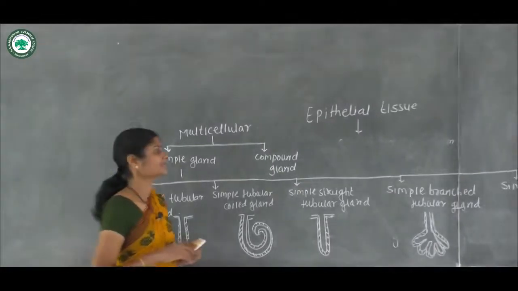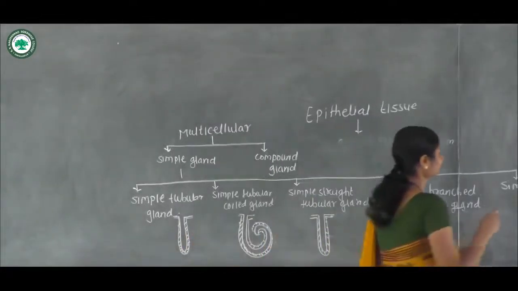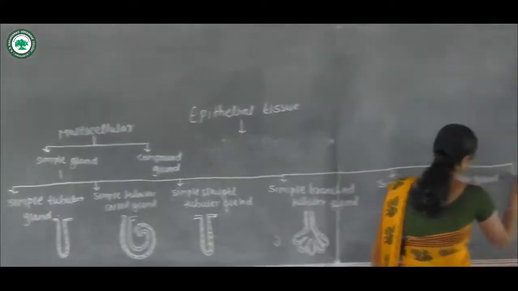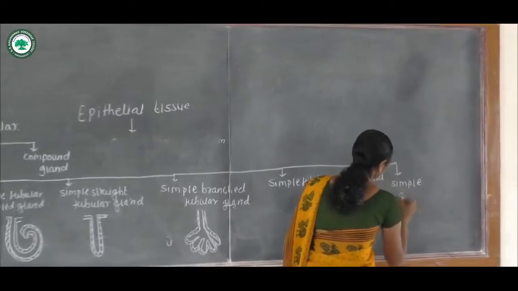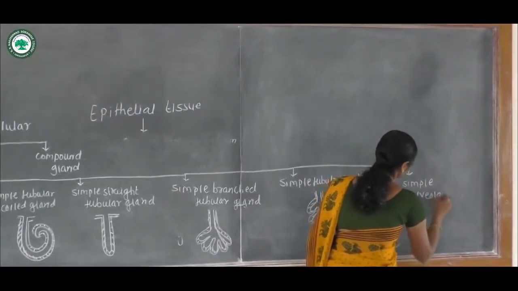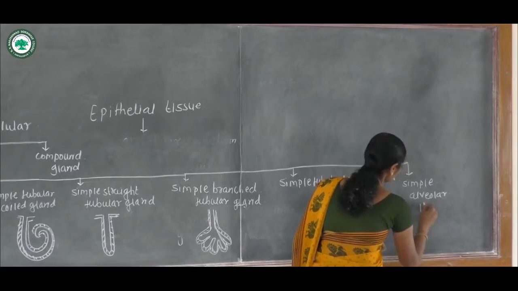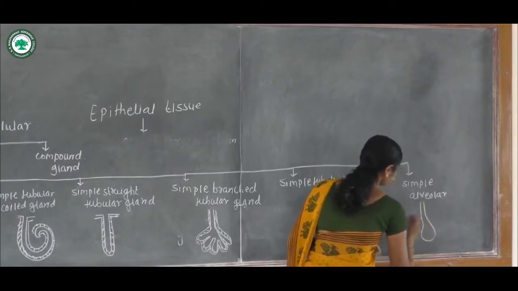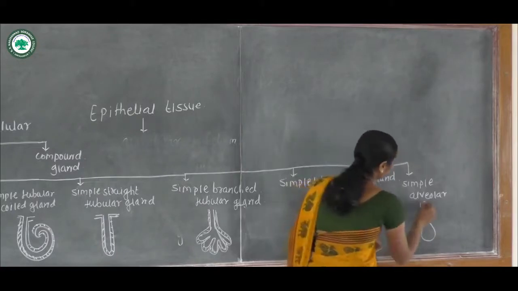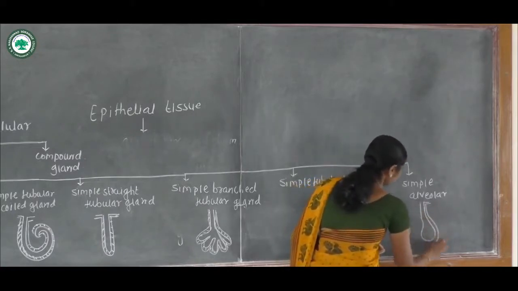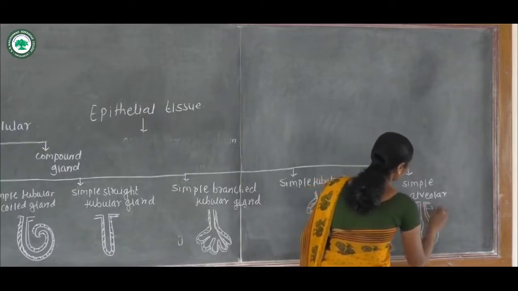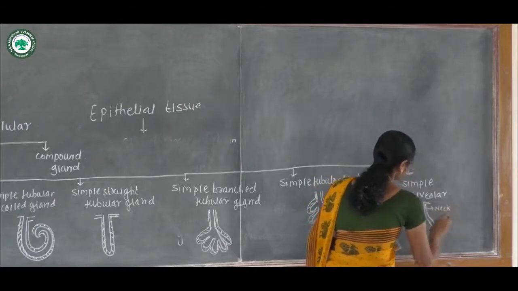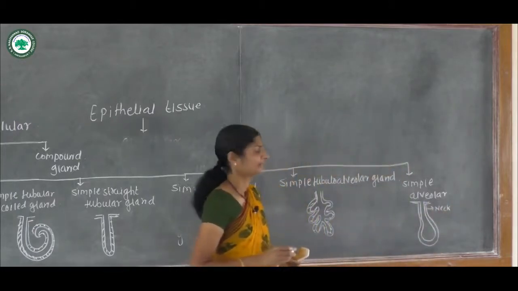Next type is simple alveolar gland. In these simple alveolar glands, the terminal part shows a bulb-like structure with a lumen and a neck, and it opens to the surface through the neck.